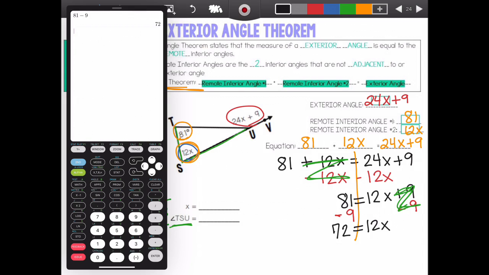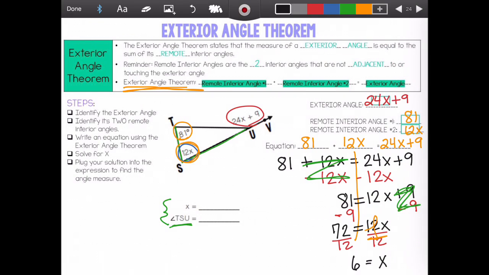Alright, now I want to get x by itself by dividing by 12 on both sides. So the right side becomes 1, or just x. And 72 divided by 12 is 6. Alright, now I've solved for x, which was one part.